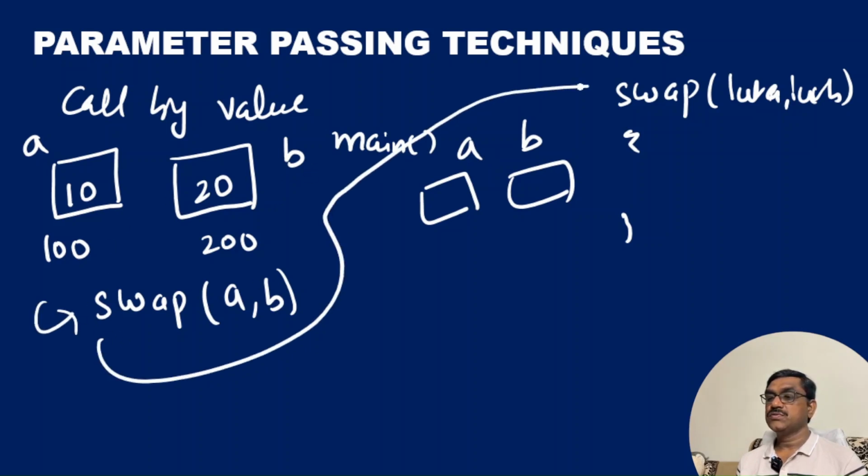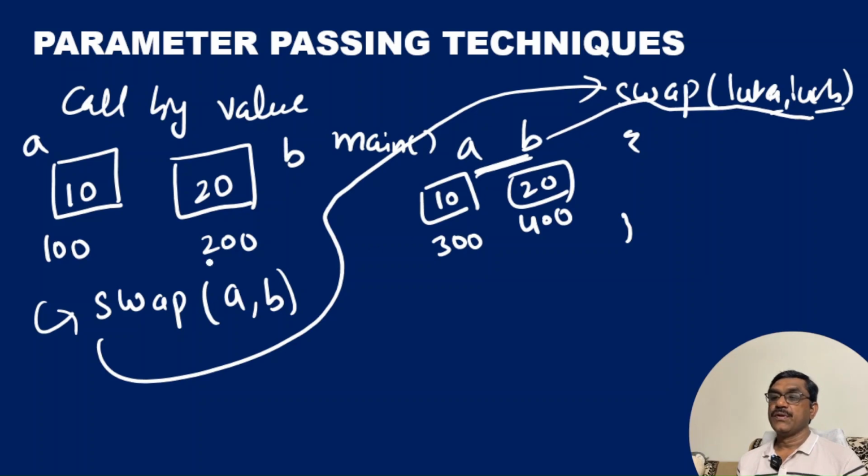The control is passed to the swap. Now the A and B values are 10 and 20. Every location has its own address. Assume that the address is 300 and the address is 400. These A, B values belong to this swap and these A, B belong to this main.